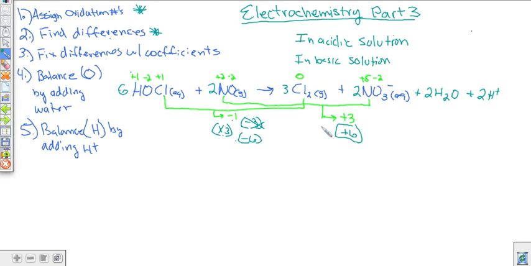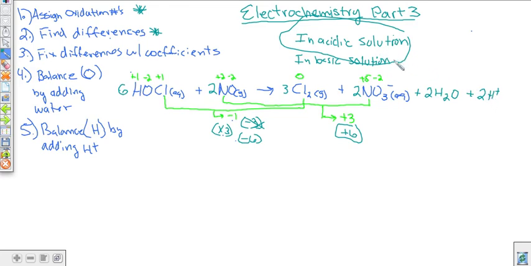So in an acidic solution, because of the oxidation reduction, this is a completely balanced equation now, and here are our hydrogen ions over here.